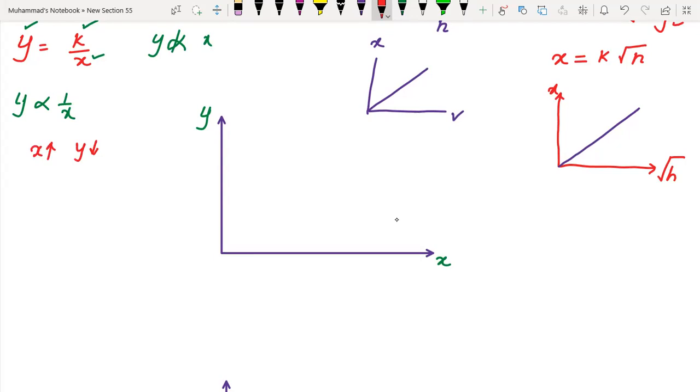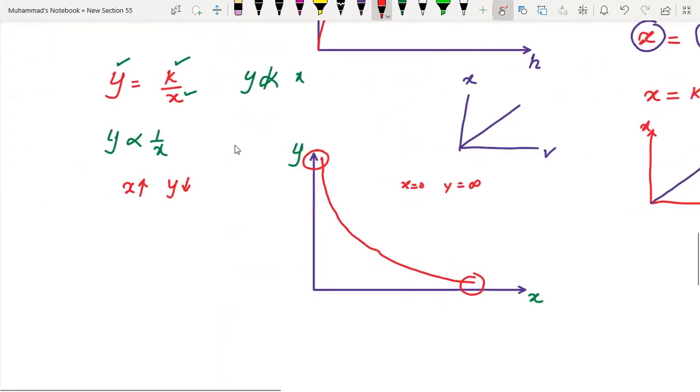At x equal to 0, y will be infinity, and as x increases, y would decrease, and it will not touch these two axes, because at x equal to 0, y would be infinity, and as x approaches infinity, y would become 0. Okay, so this graph will not touch these two axes.